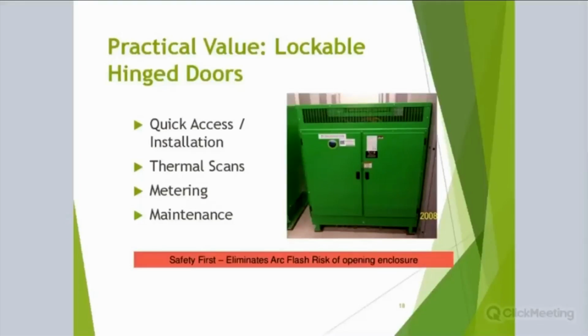The cost of the doors is very low, typically $100, $200 for a set of doors for transformers, but it is one of the most advantageous pieces of equipment or options on a transformer you can get, especially if you thermally scan your equipment under a maintenance contract, either annually or every 2-3 years or what have you.